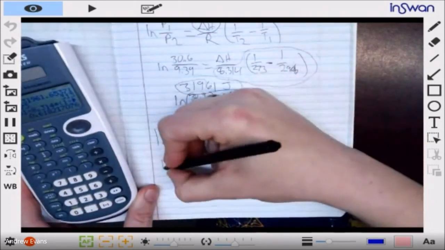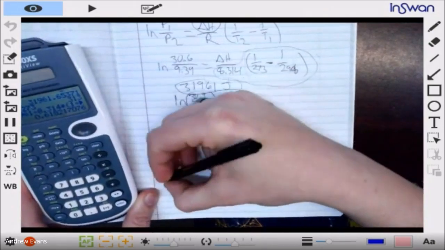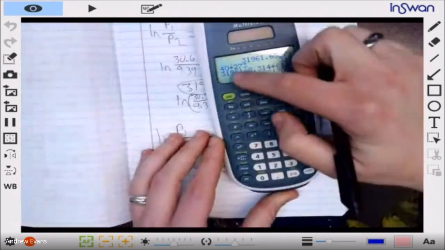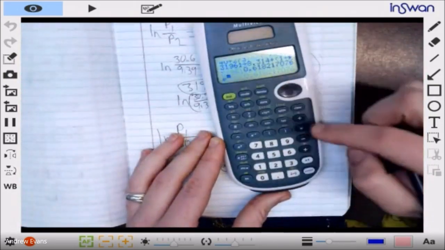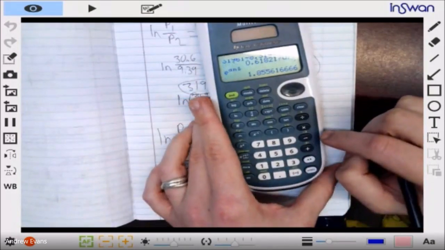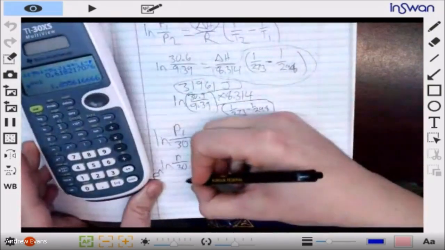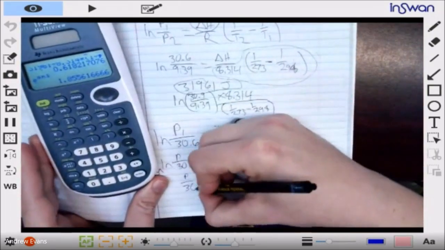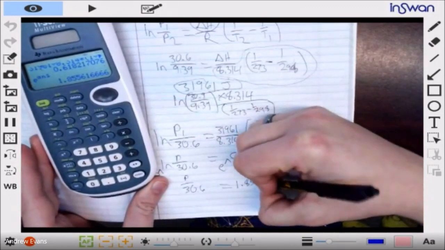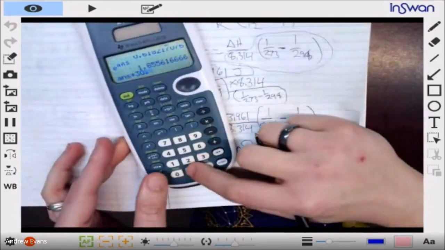Goes ln P over 30.6. Here's where I have to do the inverse to both sides. So I take the inverse natural log of my answer, and that gives me 1.8556. P over 30.6 is 1.8556. And then I have to multiply by 30.6.